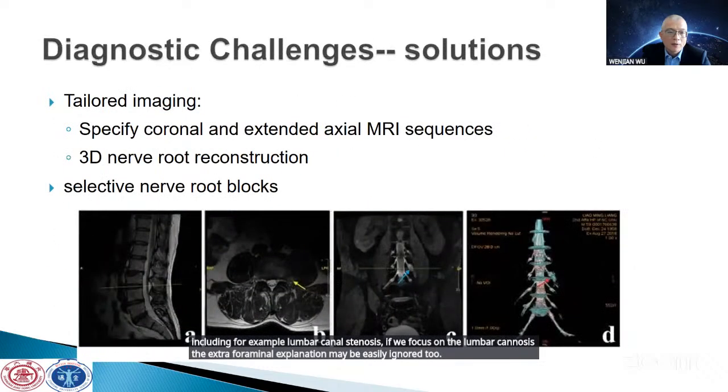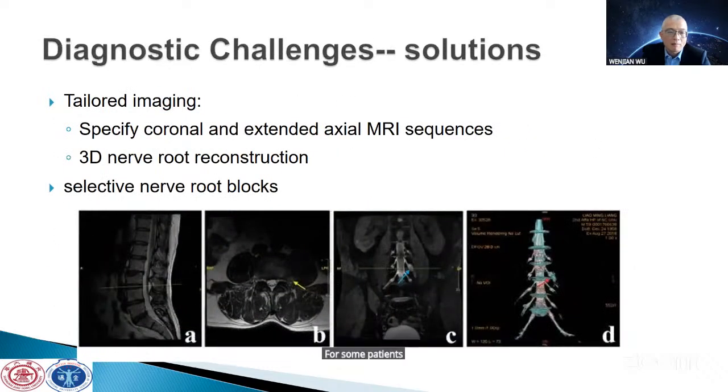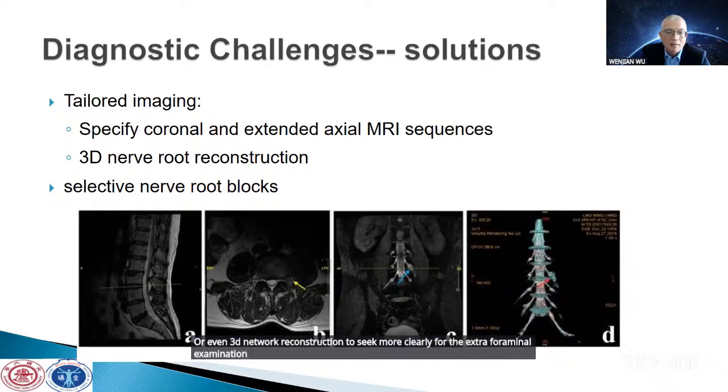So for some patients, we may need a special coronal extended axial MRI scan, or even 3D nerve root reconstruction to see the extraforaminal disc herniation more clearly. And for highly suspected patients, we can try a selective nerve root block to make the diagnosis.